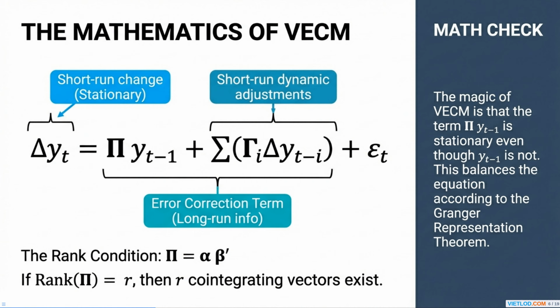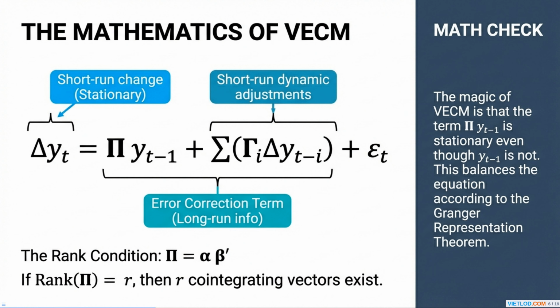The Math Check section highlights the magic of VECM. This entire term, Pi Y_{t-1}, is stationary, even though Y_{t-1} itself is non-stationary. This stationarity balances the equation, a fundamental principle derived from the Granger representation theorem.